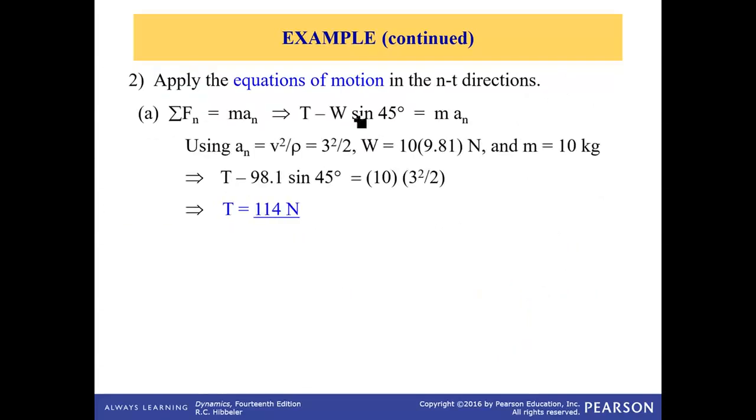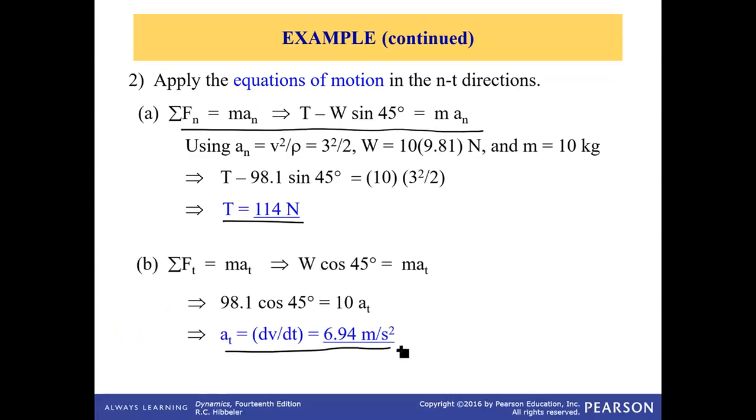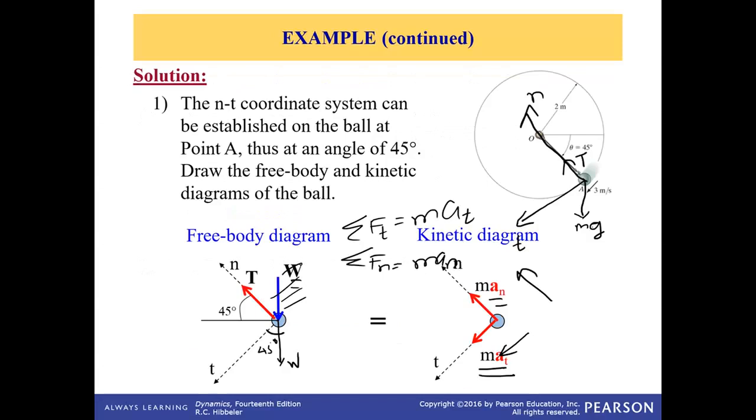When the equation of motion is applied along the normal direction, we get the value of tension force. And when we apply it along the tangential direction, we get the value of tangential acceleration, which is 6.94 meters per second squared.